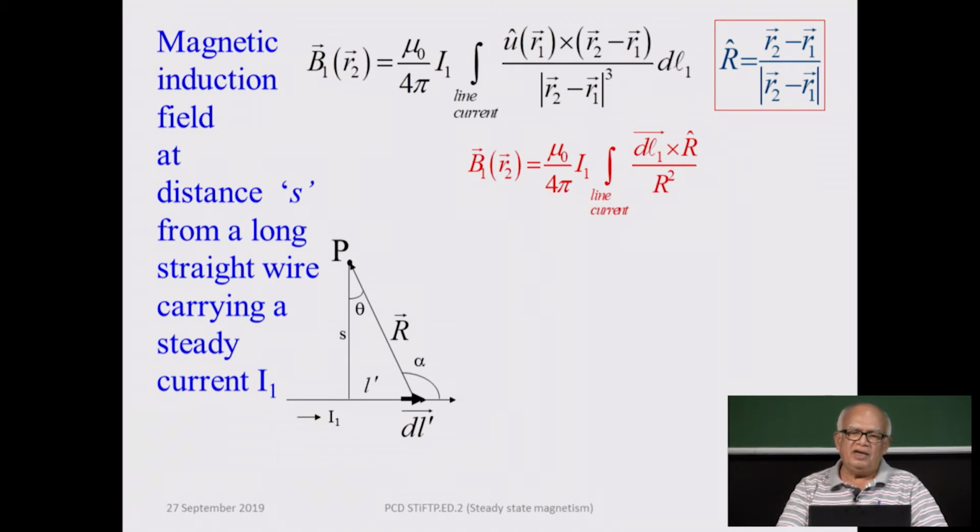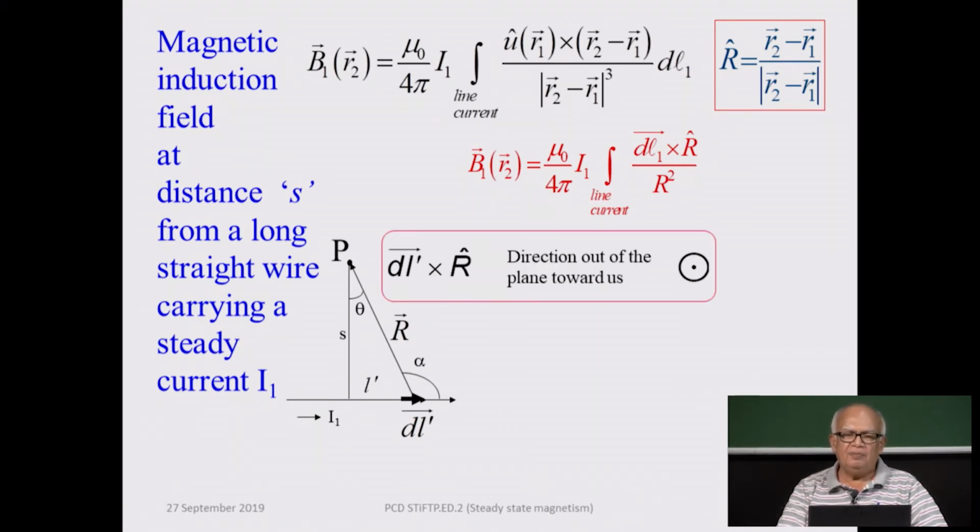divided by the modulus or the length of that vector. So, you can write the magnetic field in terms of this uppercase R vector, and it generates a magnetic field at the field point P, which for the segment dl prime, which is shown by this black arrow over here, will be in a direction pointing toward us, perpendicular to the plane of the figure.